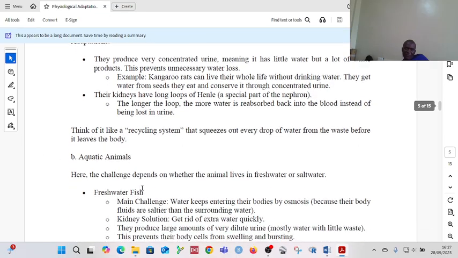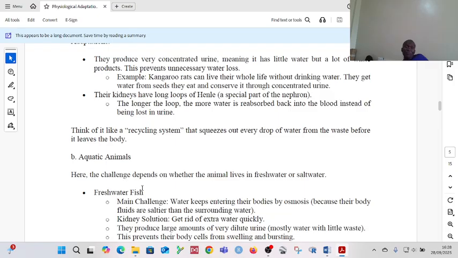So think of this as a recycling system which squeezes almost every drop of water from the waste before that waste leaves the body. When the recycling system is taking back a lot of water from the waste, the waste leaves with very little water present. The lower the water present, the higher the concentration.